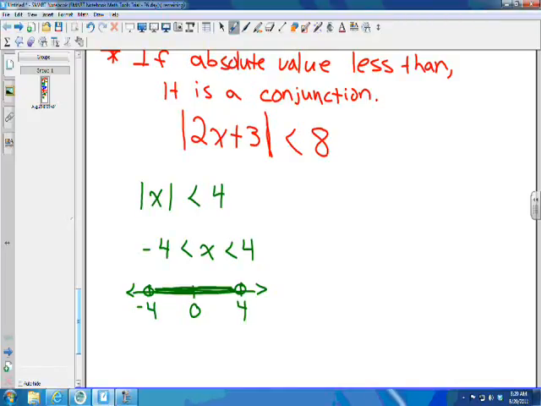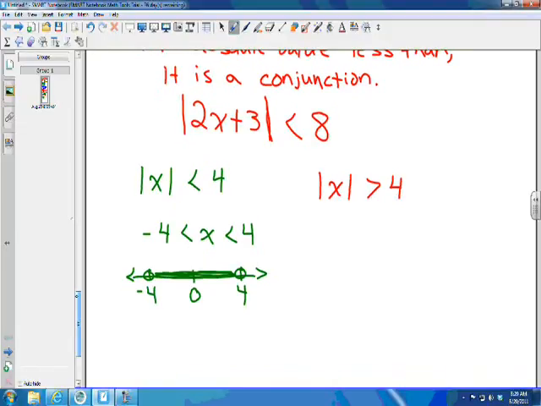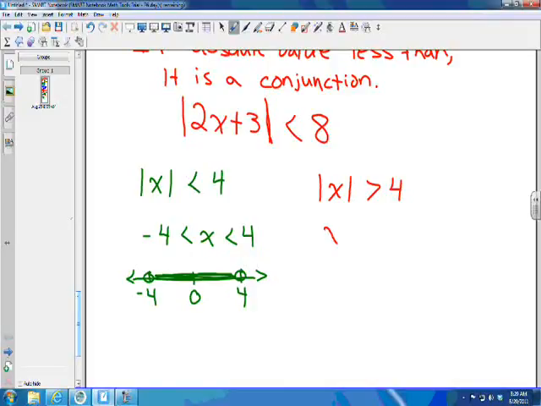Just for example's sake, we'll do the exact same thing. Absolute value of x greater than 4. So we have absolute value greater than, what would that be? Disjunction. Here's how you split up the disjunction. You're going to write it exactly as it is, except what?